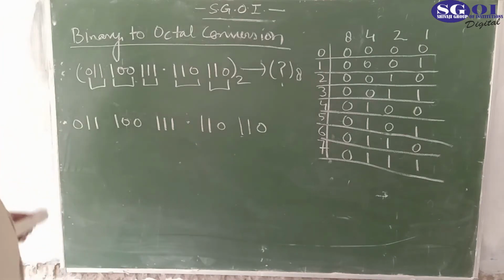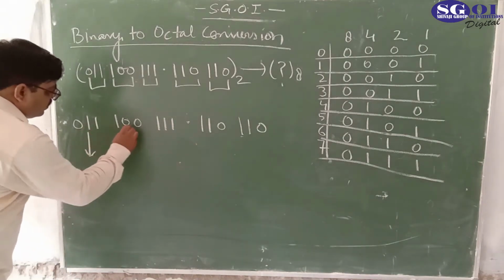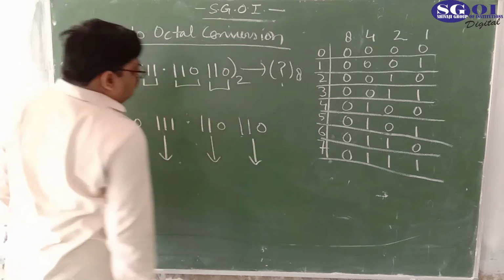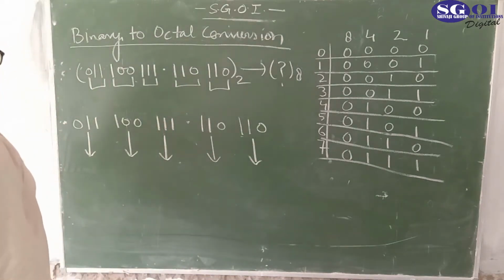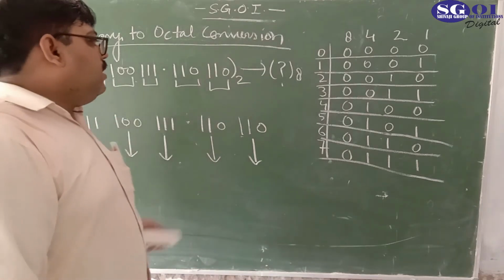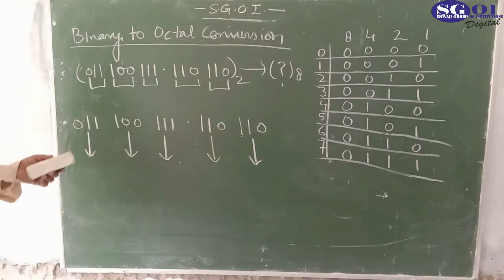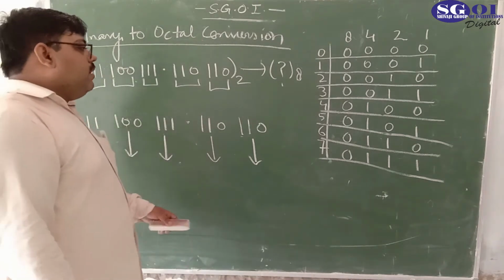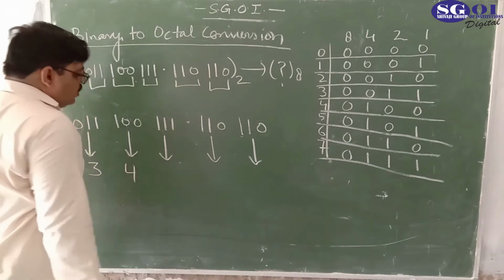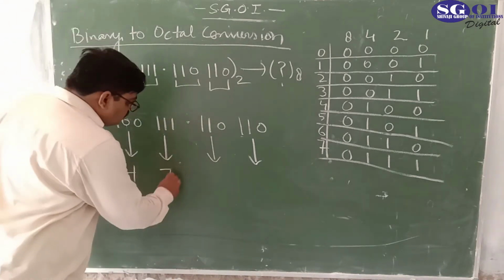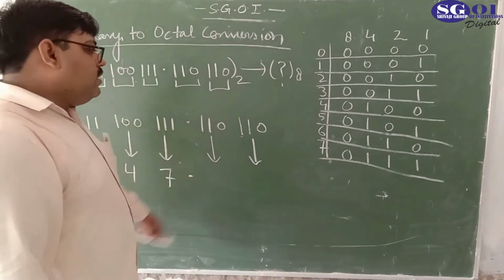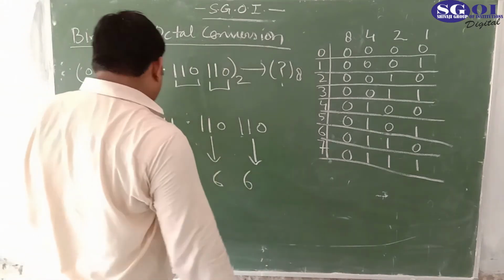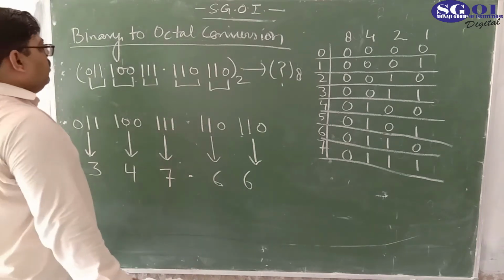So after that, what is the octal value of these binaries? You see in the table, 011 is 3, 100 is 4, 111 is 7, 110 is 6, and that is also 6. So you find the octal value.